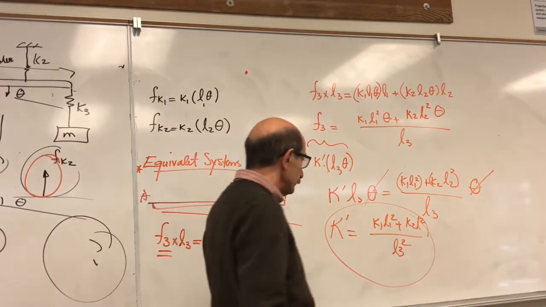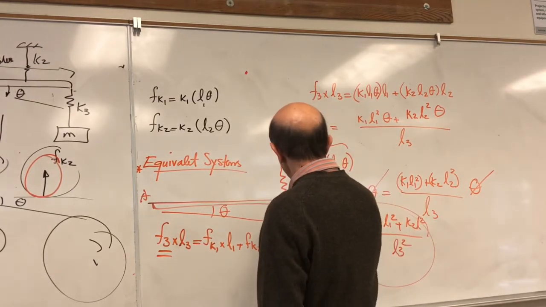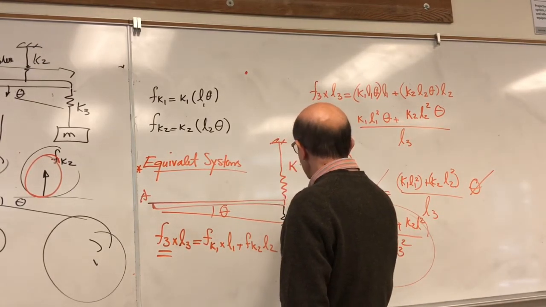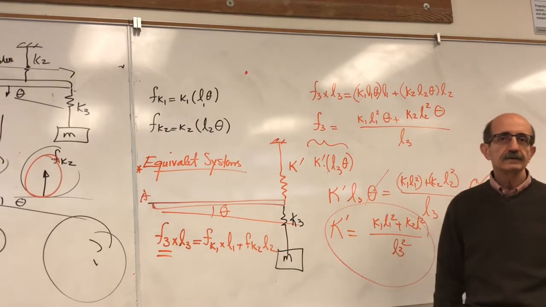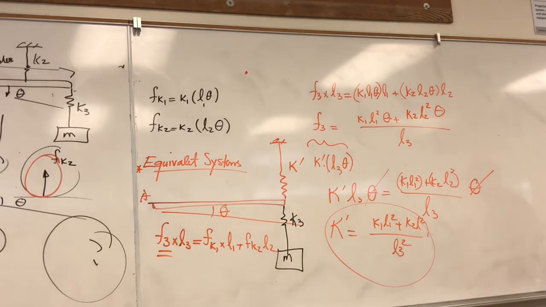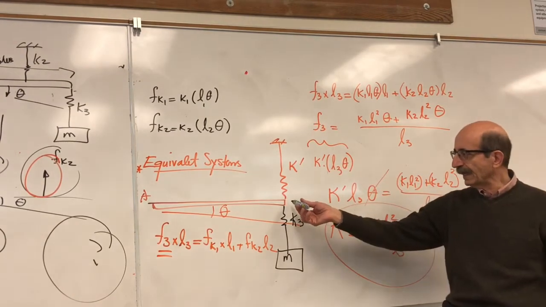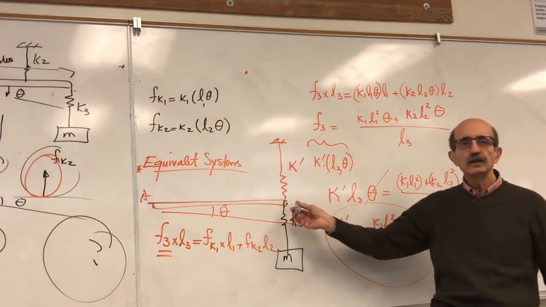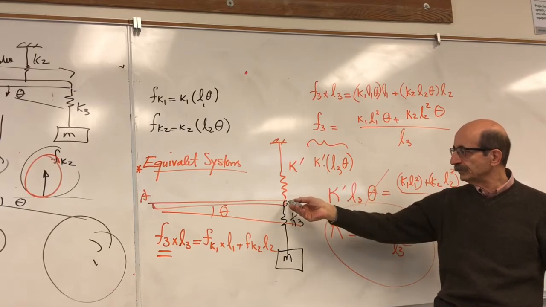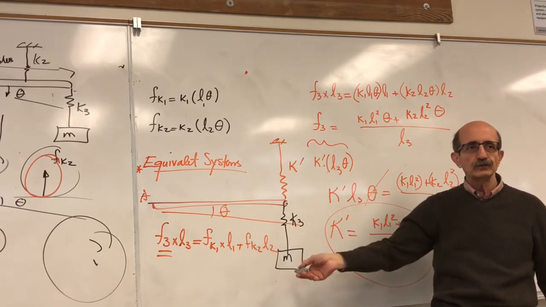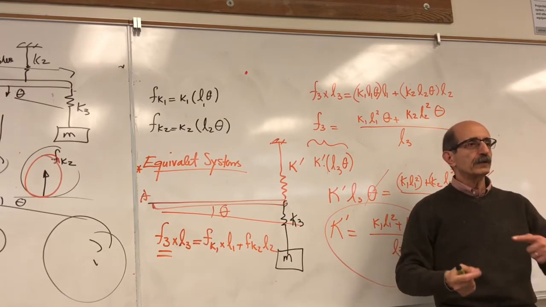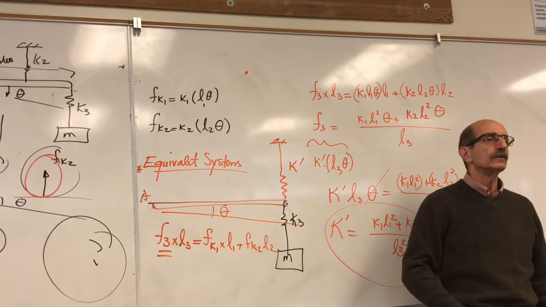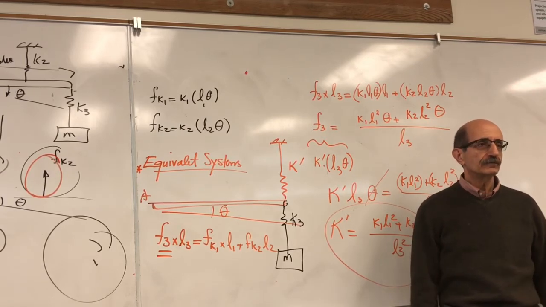And of course, don't forget that we still have this spring that for the time being we had set aside, attached to this beam. So now the problem becomes very simple. We have two springs attached at this point. This is just a rigid bar, so no mass, nothing, so it acts like a connection between these two. Would these two springs be in series or parallel? Do they experience the same force or the same displacement? The same force, right?